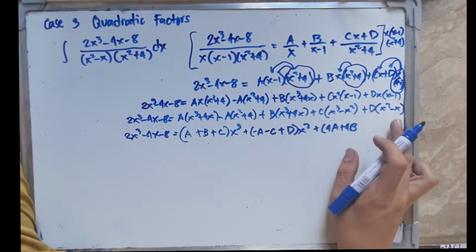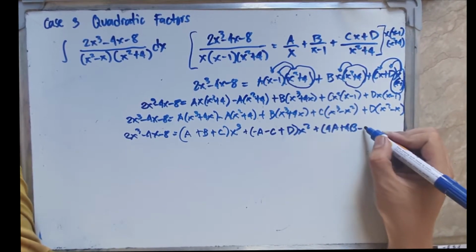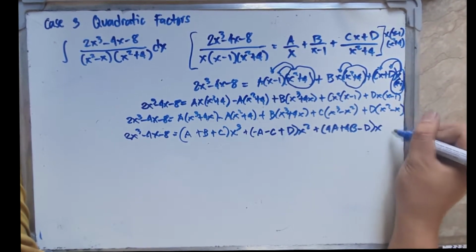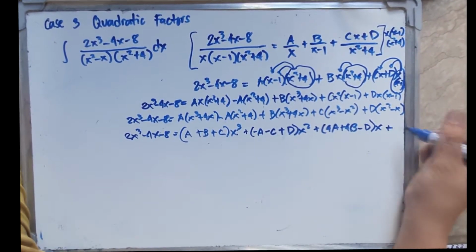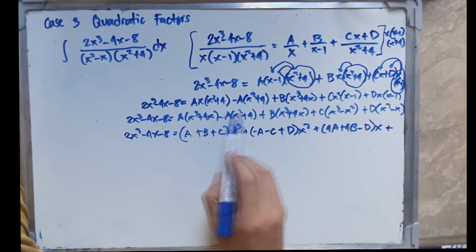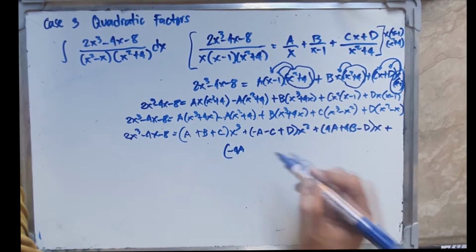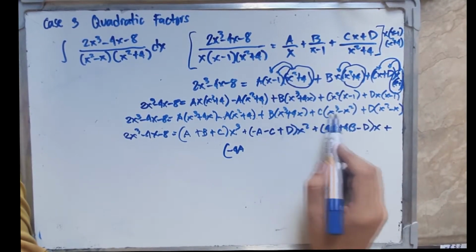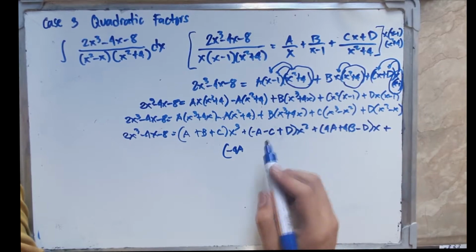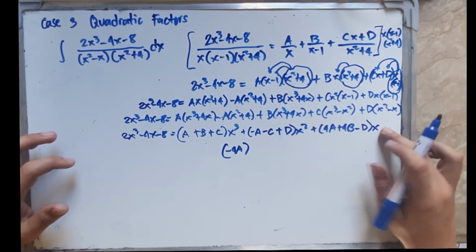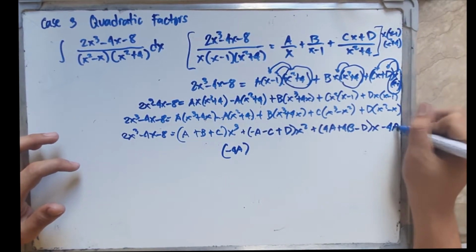And for the x, I have minus d. And lastly, for the constant, plus the constants, negative 4a, the constant, so 4a, only 4a, so this is minus 4a.